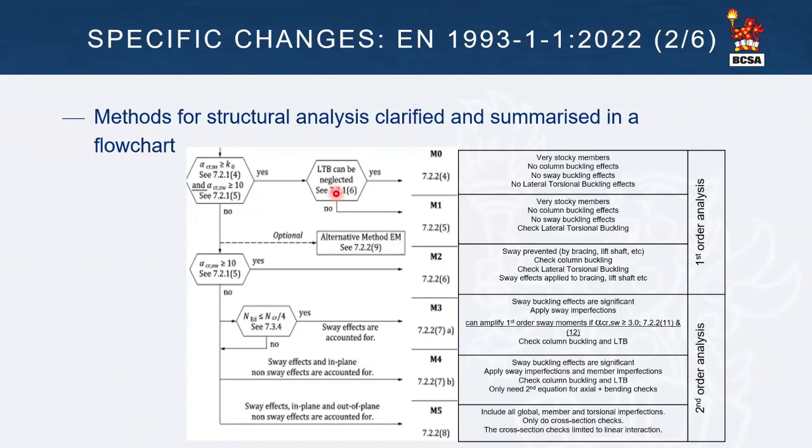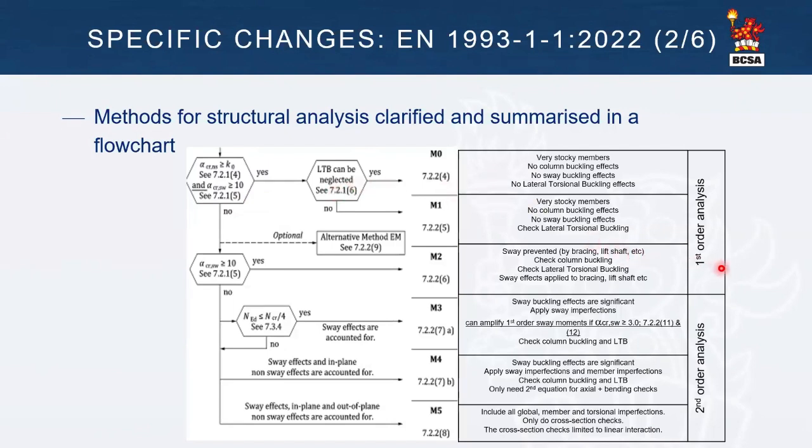In practice, with these values of alpha-cr, it is unlikely to have lateral torsional buckling. So M0 and M1 are the sort of structures that you are unlikely to have to design.